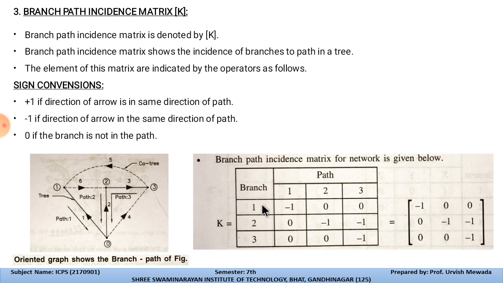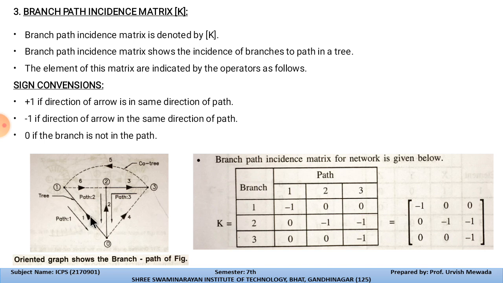So the connection between branch 1 and path 1, both are in the opposite direction, so it is taken as minus. Now from this sign convention, one thing you should add: remove 'same' and put over here 'the opposite direction'. Now for branch 1, the relation with branch number 2: there is no relation between 1 and 2, so it is taken as 0.